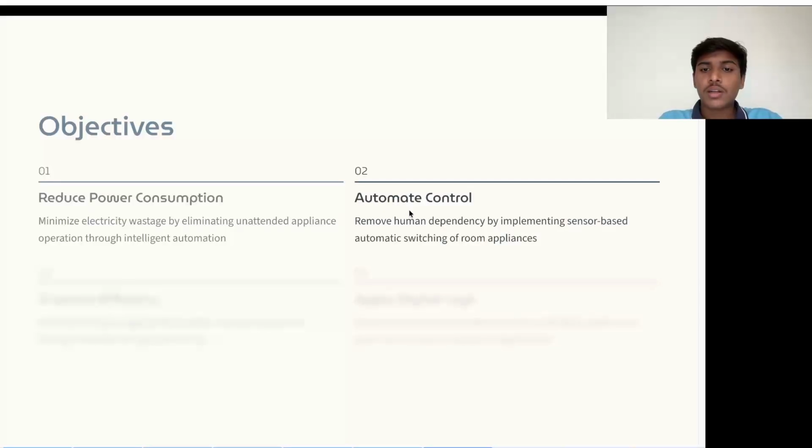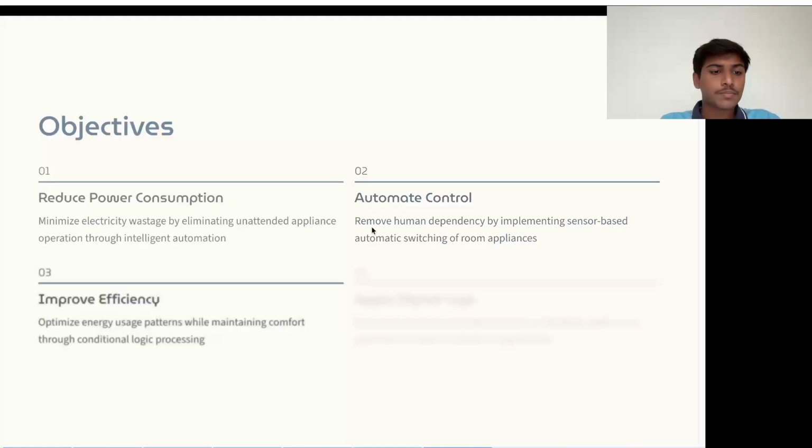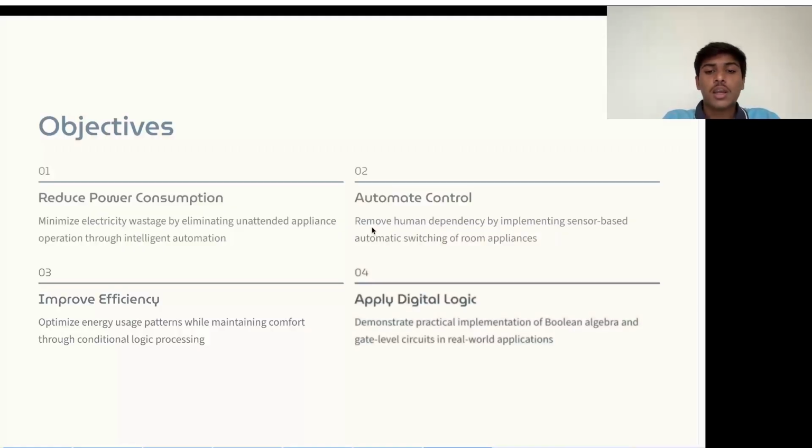Second, automated control: remove human dependency by implementing sensor-based automatic switch off of room appliances. Improve efficiency: optimize energy usage patterns while maintaining comfort through conditional logic processing. And apply digital logic: demonstrate the practical implementation of Boolean algebra and gate level circuits in real world applications.